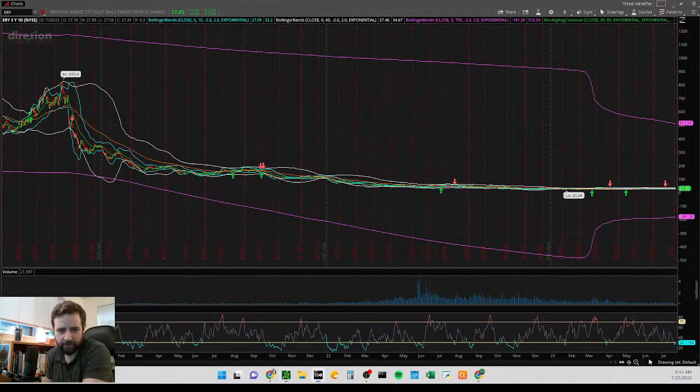Okay. Time to sell my energy hedge. I'm gonna make 43 basis points on that. Yeah, 43 basis points on a 70 basis point position.